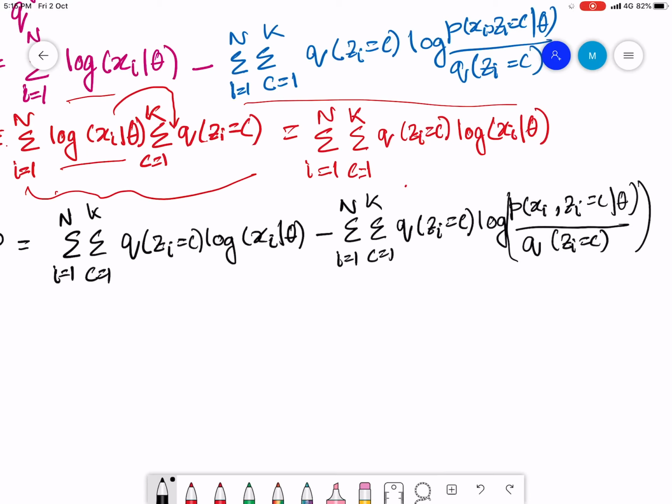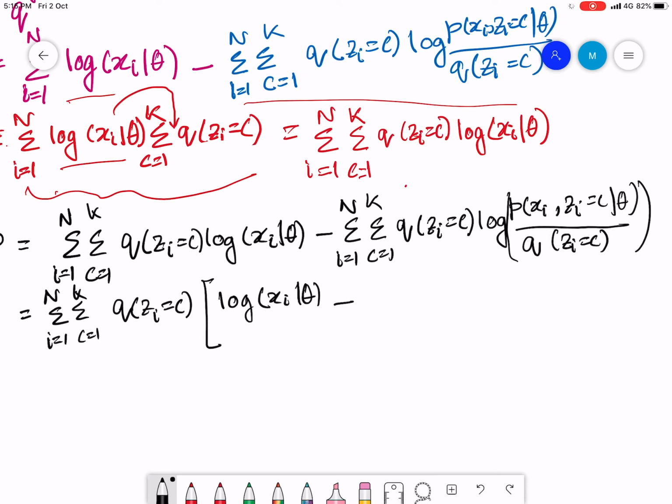All right, so I can write this as the summation i equals 1 to n, c equals 1 to k, q comes out, q is common to both, log of x_i given theta minus log of p(x_i, z_i equals c given theta) by q(z_i equals c).